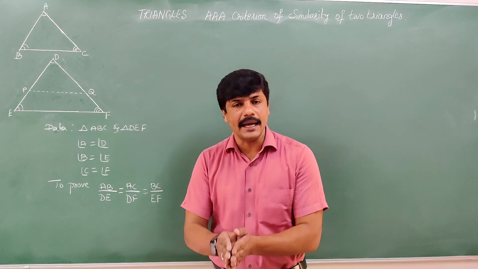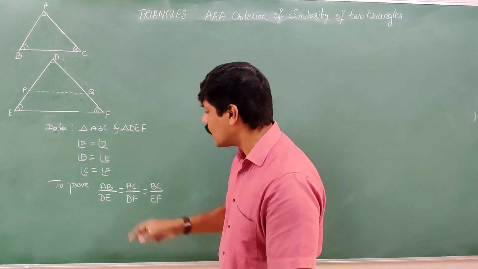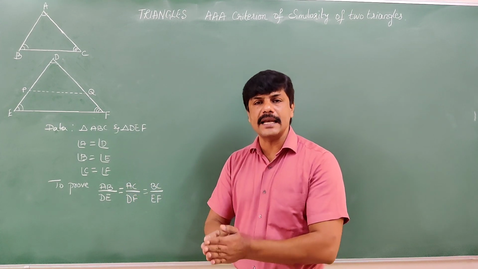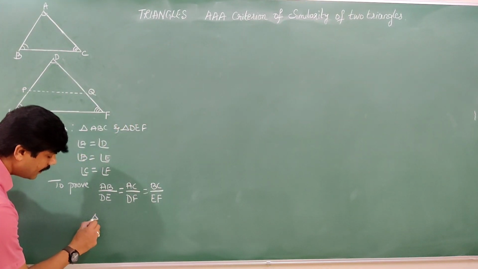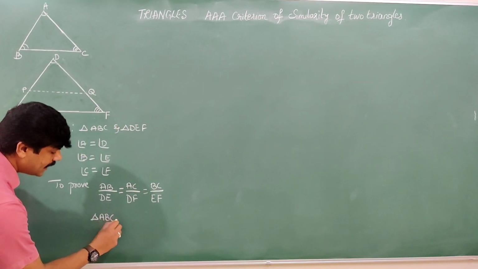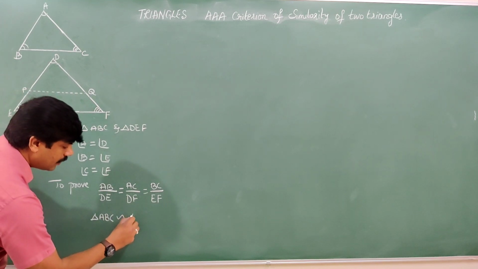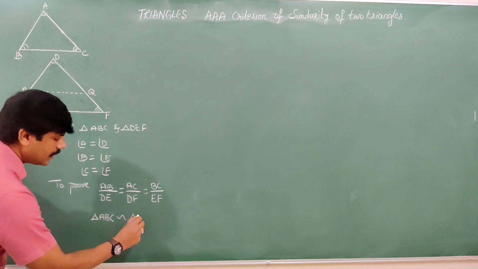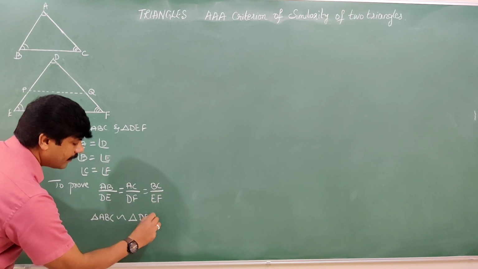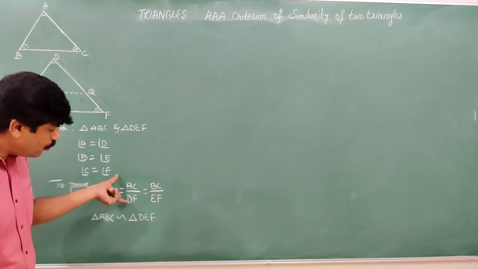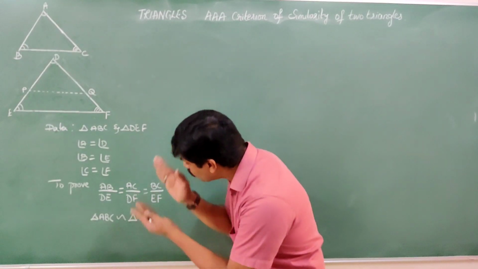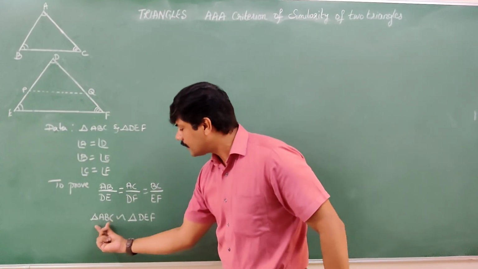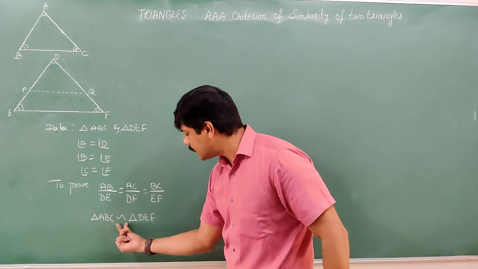Once we prove that their corresponding sides are in the same ratio, then triangle ABC is similar to triangle DEF.